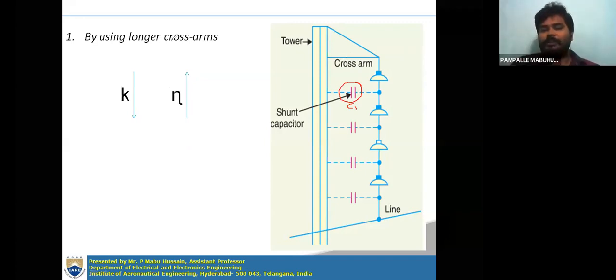So this method of using a longer cross arm will be very rarely used. For lower voltage levels, you can use this method. Let us go for the next method.